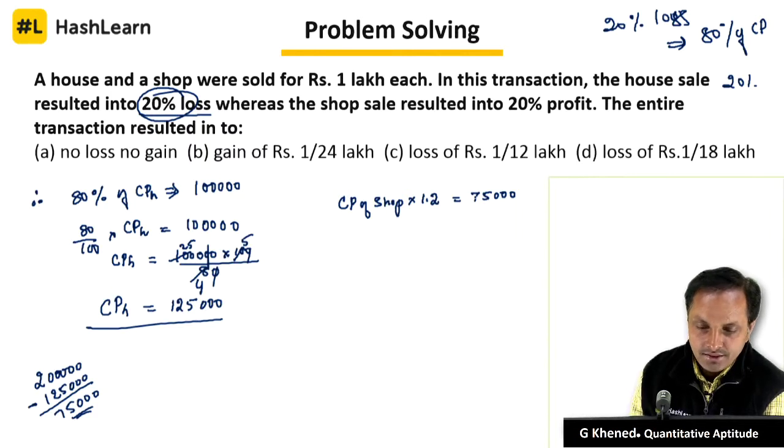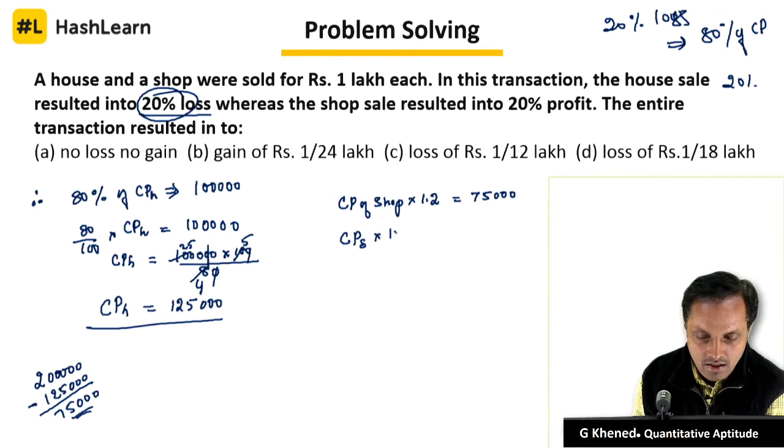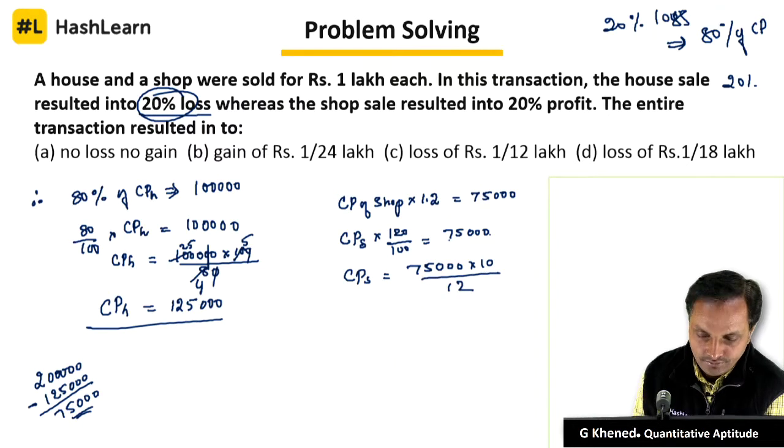So what will the amount tend to? Cost price of shop is 120 by 100, or 12 by 10 if you do. 75,000 into 10 by 12 I will do.